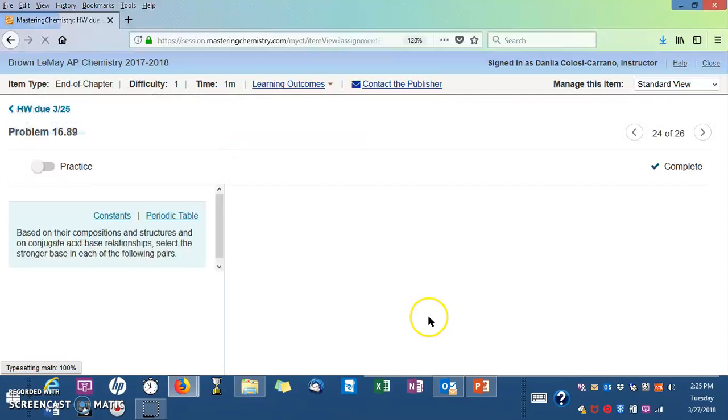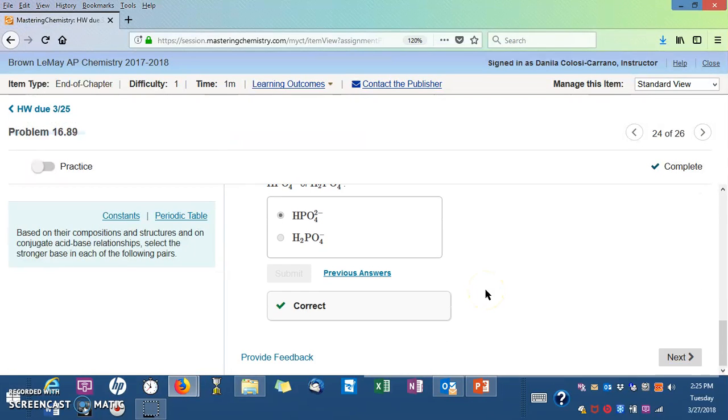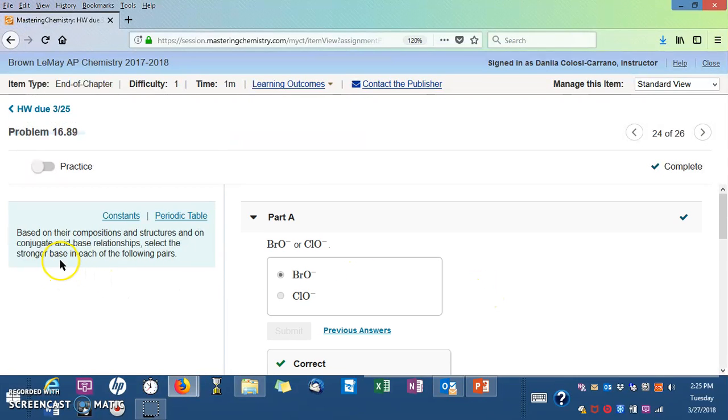And then number 24. You have a series of things to decide from, and they say, based on their composition and structures and on conjugate acid-base relationship, select the stronger base in each of the following. So between BrO and ClO, BrO minus is the one that has the majority of those electrons, I should say. Therefore, it will act as a stronger base.